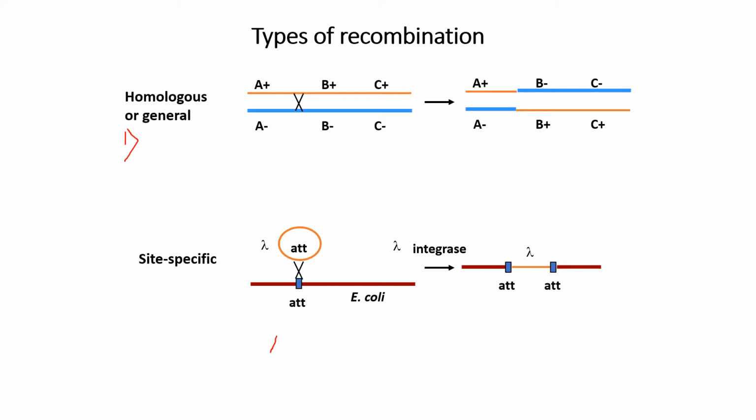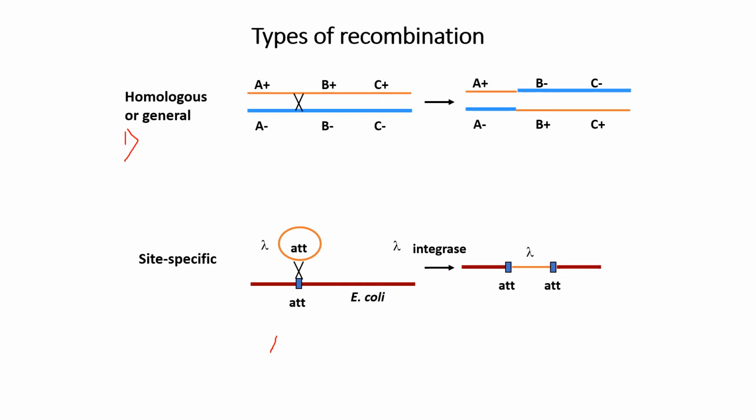Okay, so I would like to tell you how the recombination takes place. You can see this. I have shown here two different DNA molecules. One is shown in red in color and has the A plus, B plus, C plus genes. The other is shown in blue in color and has A minus, B minus, C minus. The crossover has taken place in between A plus and B plus, and because of the crossover, what happened?